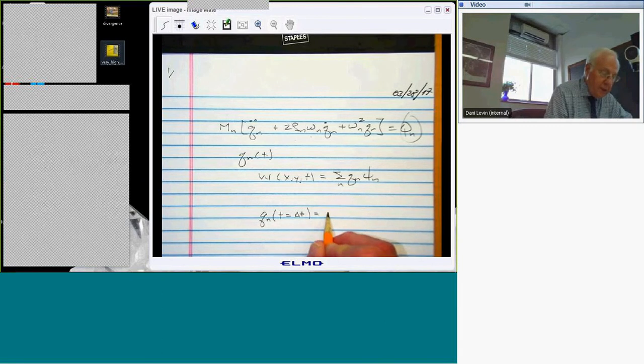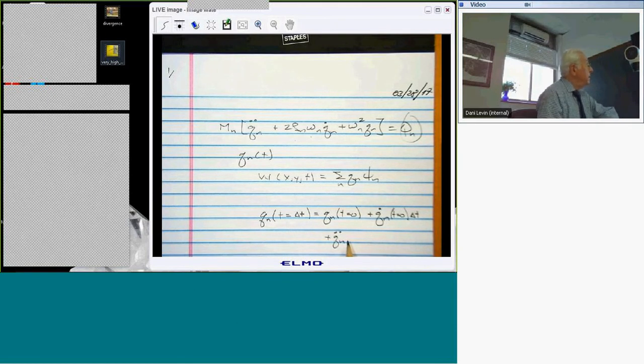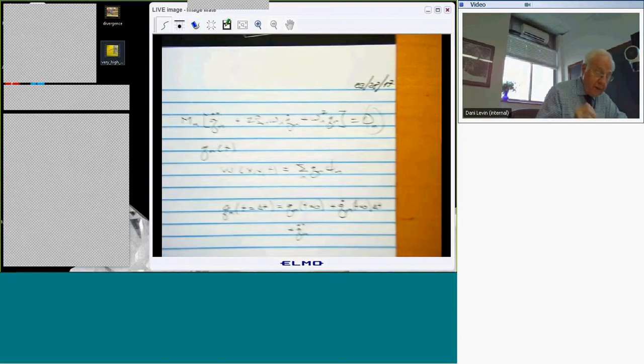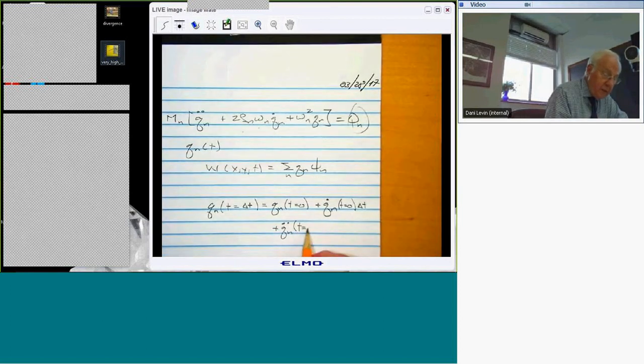It is equal to qn at time t equals 0, plus qn dot at time t equals 0 times that time step delta t, plus qn double dot at time t equals 0 times delta t squared over 2, actually over 2 factorial, and then a delta t cubed term, and some software includes delta t cubed and some doesn't.